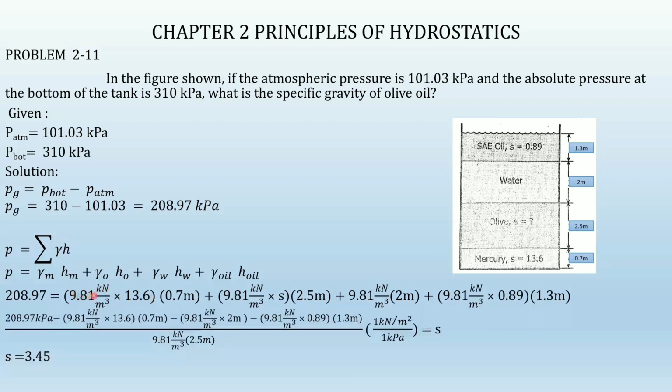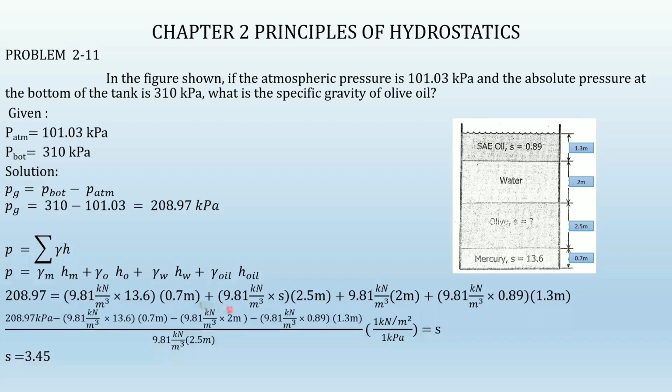So 9.81 kilonewton per cubic meter times 13.6, the specific gravity of mercury, multiplied by the height it occupies, plus the specific weight of our water multiplied by our unknown, the specific gravity of olive oil, and then multiplied by the height it occupies, plus again the specific weight of water multiplied by the height it occupies, plus the specific weight of our SAE oil multiplied by the height it occupies.